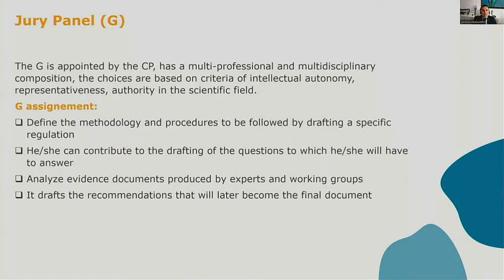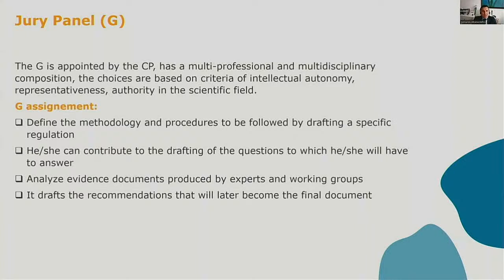And here the jury panel, called G, is appointed by the CP, and it has a multi-professional, multidisciplinary composition. The choices in this case are based on criteria of intellectual autonomy, representativeness, and authority in the scientific field.